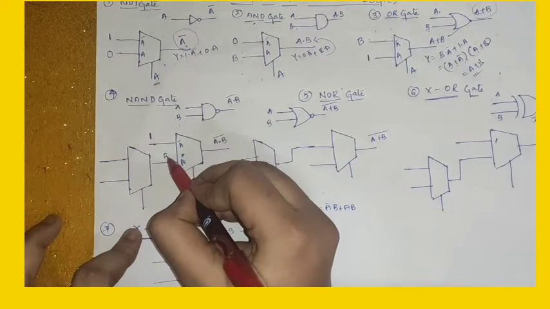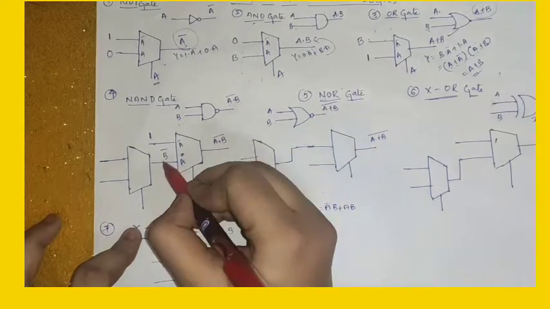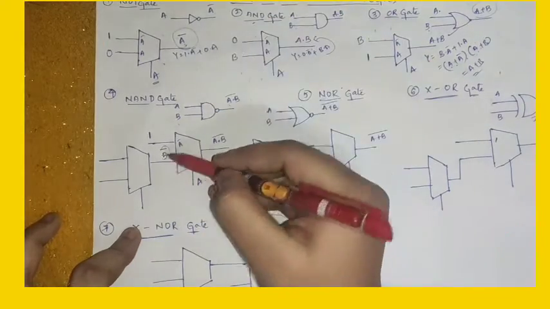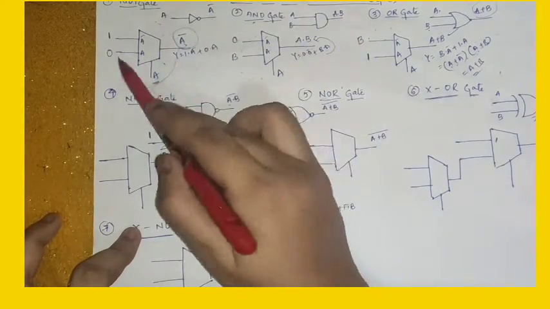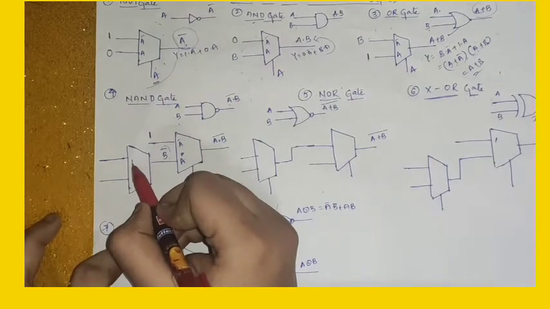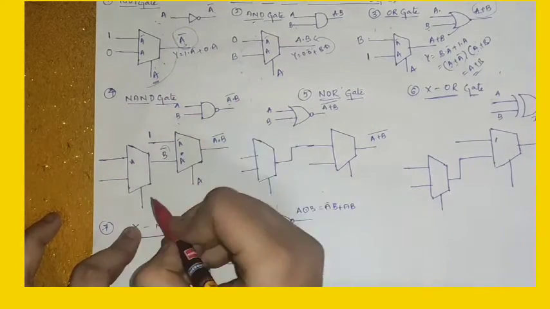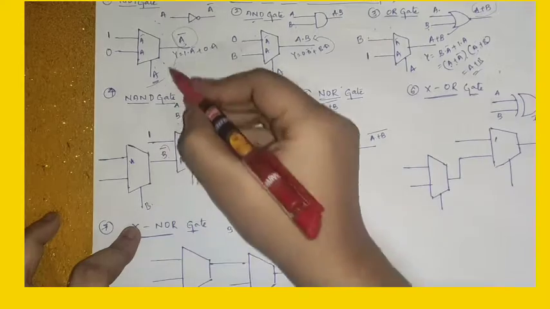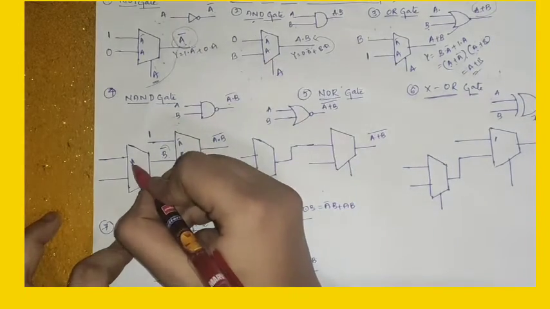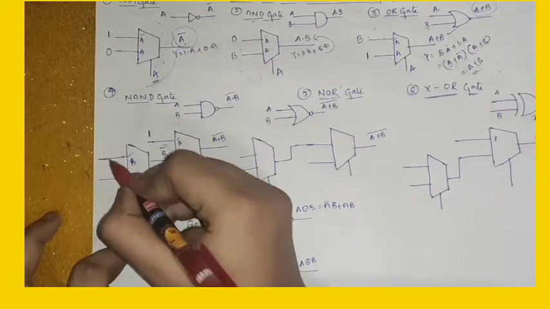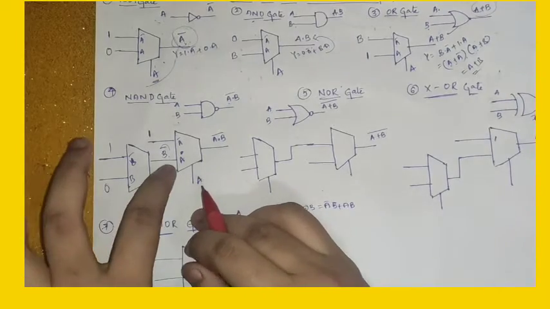Here we want the input as B bar. To get B bar is nothing but a NOT gate. So use this multiplexer, here it is B, to get B bar we use B. So this is B bar and this is B, 1 0. So we will get B bar.